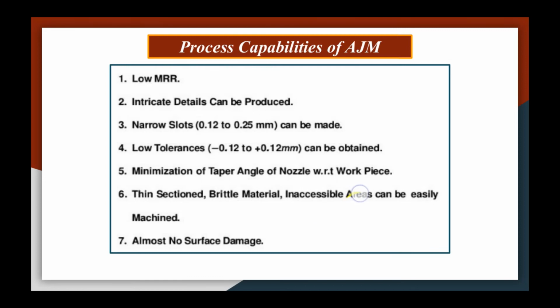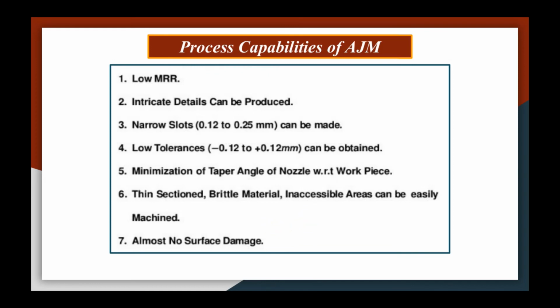There is almost no surface damage because there is not much heat generation, and the workpiece is always in contact with the air. So this is again a positive point about the AJM process. The rise in temperature is very low as compared to others, and there is no thermal damage to the workpiece, and no large forces are acting, so there is no mechanical deformation of the workpiece.